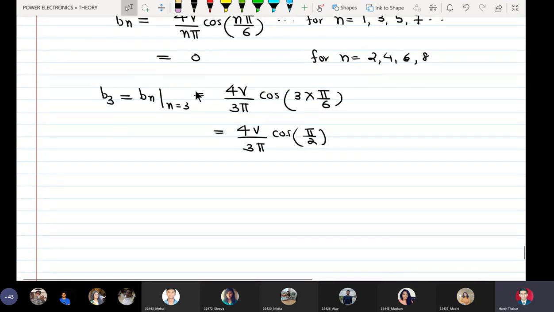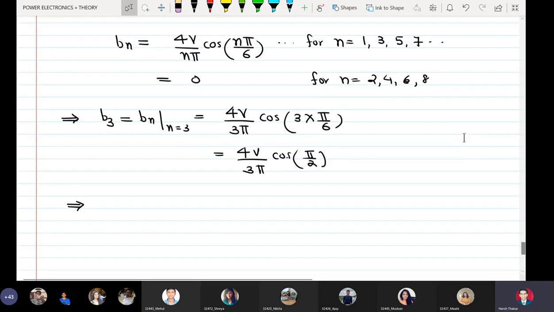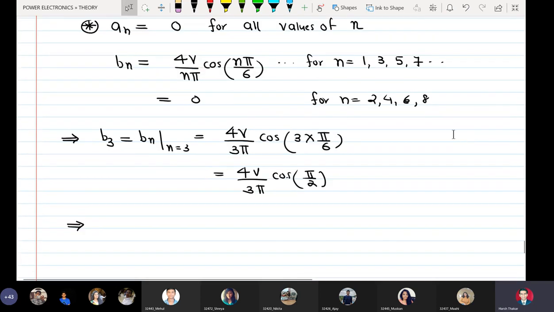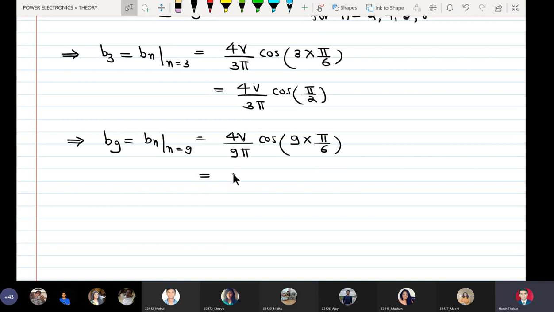Similarly, if I put an odd value of n which is a multiple of 3, so the odd harmonic which is a multiple of 3, it comes 9. So let us put 9 now. B9, which is Bn for n equal to 9, is equal to 4V upon n pi into cos of n pi by 6, so 9 into pi by 6. If you see the calculator, this comes out to be 0.